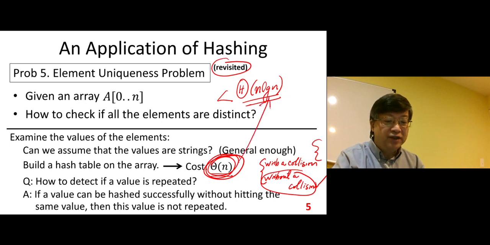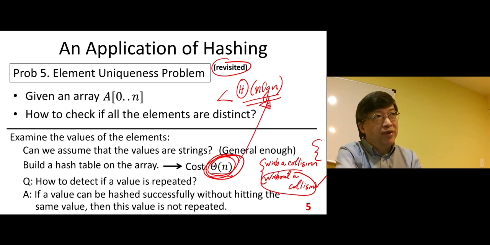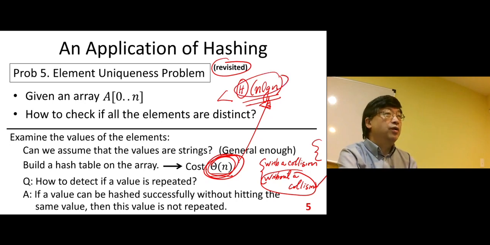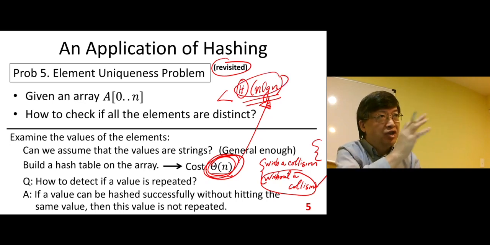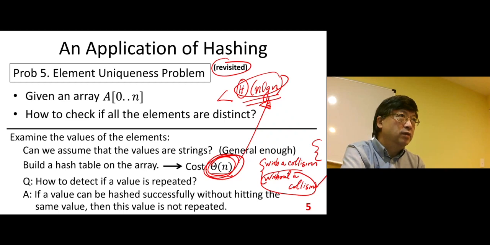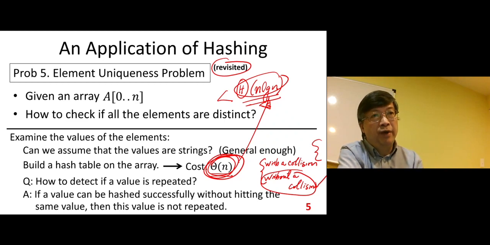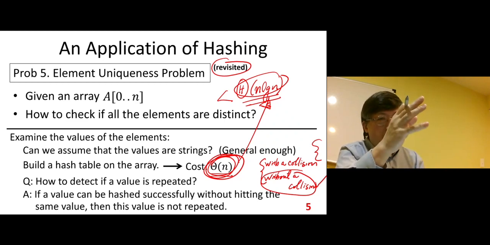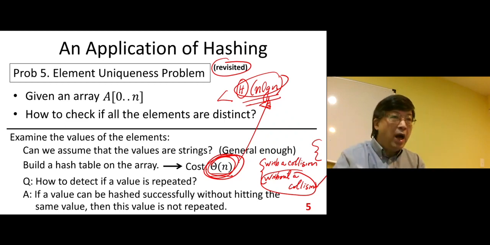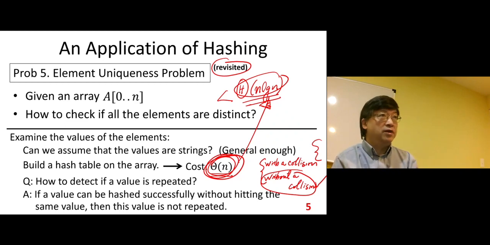So this method is more efficient than our sorting method. We do not need to sort. We build a hash table. Although when we build a hash table, the overhead is a little big, because we need to do a lot of preparation, that's the overhead part. But after that, when we check if an element is unique or not, it will be fast.